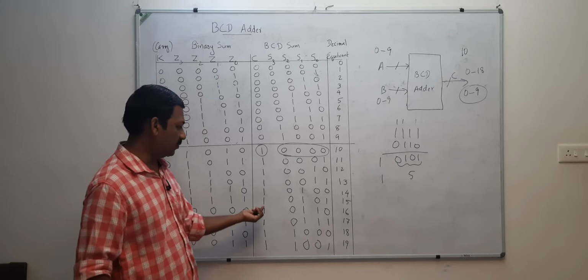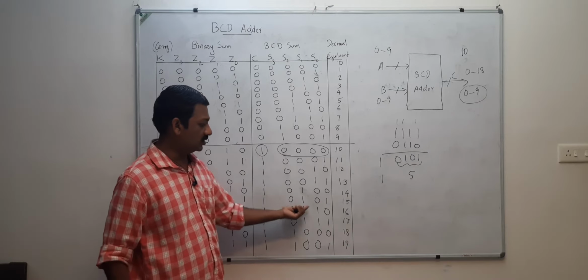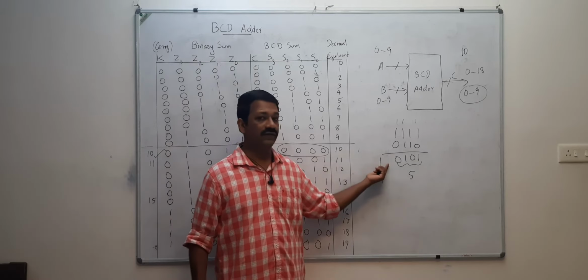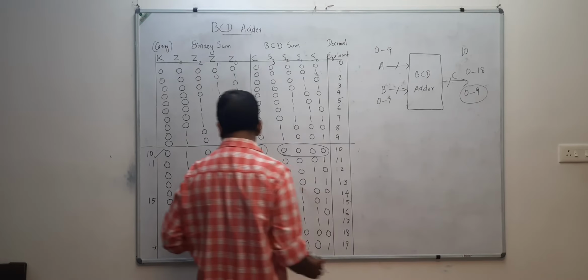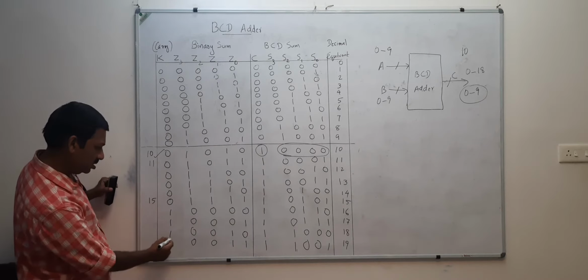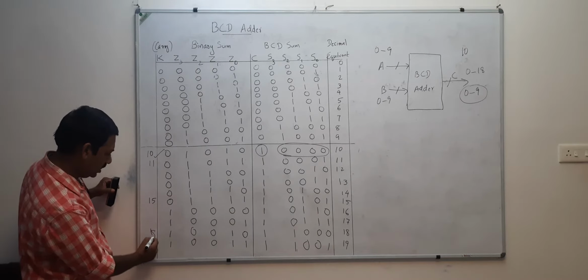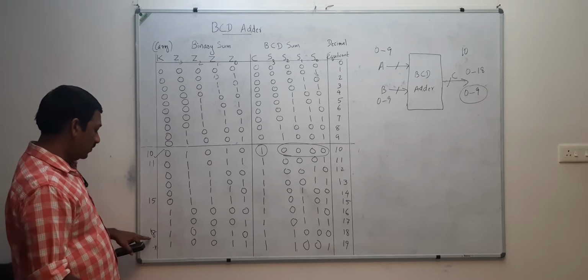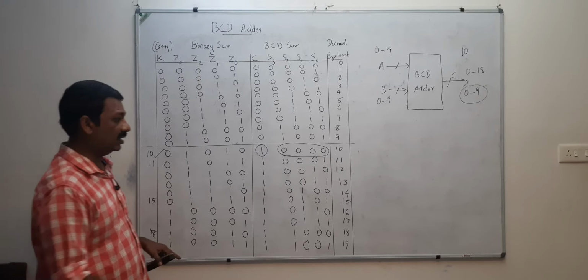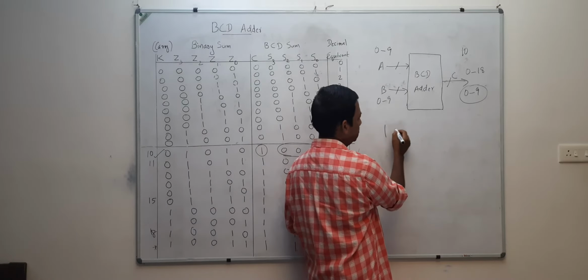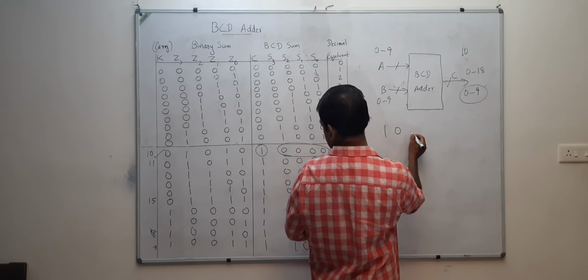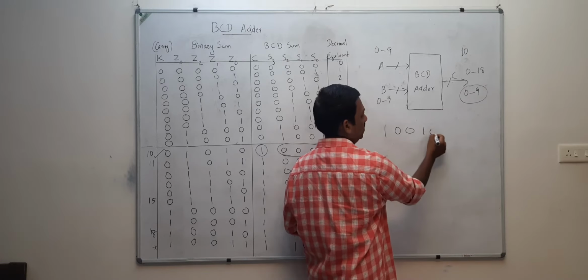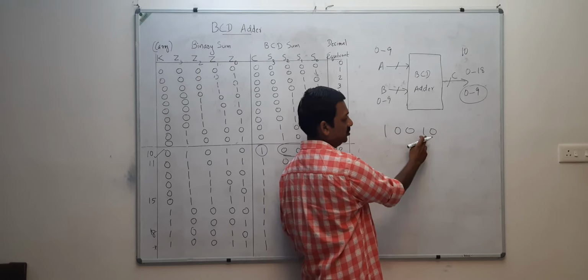That means when you have converted 1 1 1 1, this is 15. And if you are adding here, this is 18. 18 in binary is 1 0 0 1 0. That means this is 16 plus 2, that is 18.